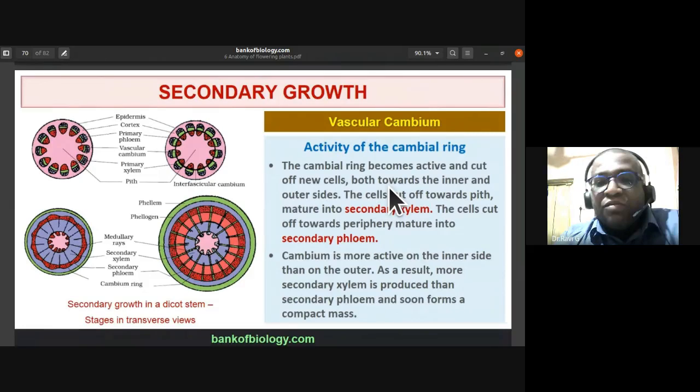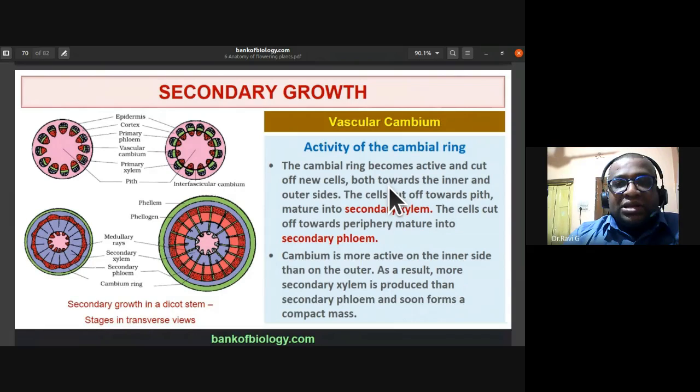Vascular cambium, what does it do? The cambial ring becomes active and cuts off new cells both towards the inner side, that is towards the pith, and the outer side. The cells cut off towards the pith mature into secondary xylem, and secondary xylem pushes the primary xylem.